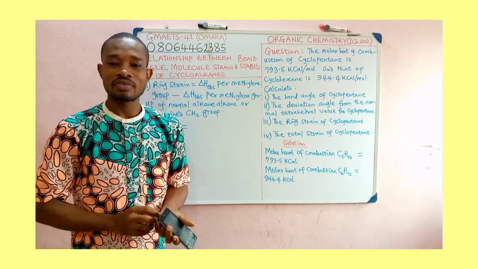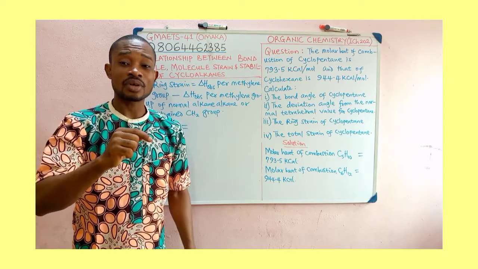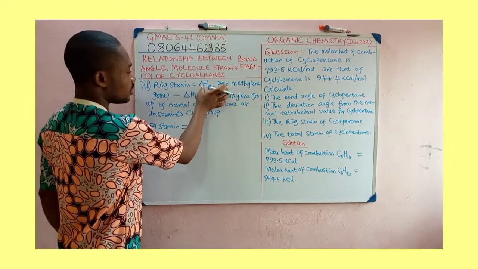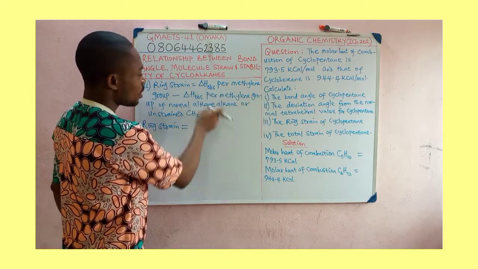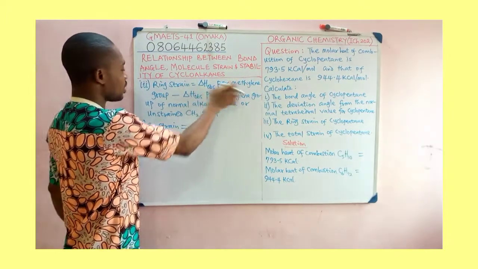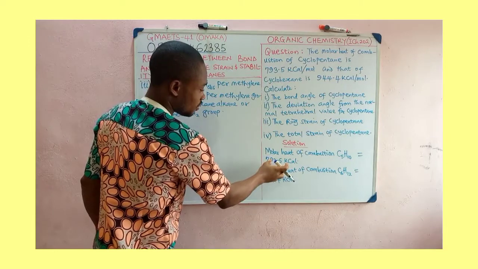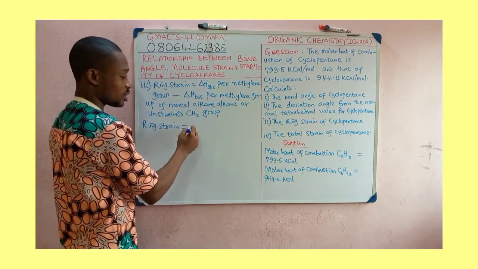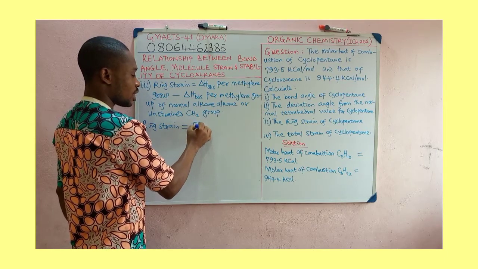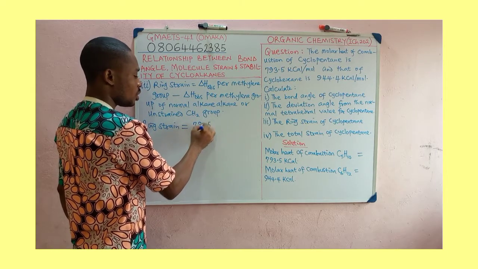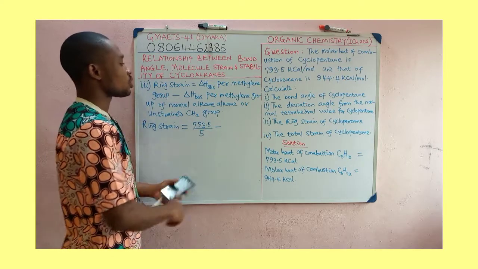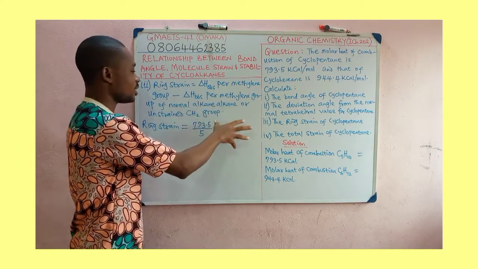It's equal to the molar heat of combustion divided by the number of carbon atoms in the given cycloalkane. So for cyclopentane, it's the molar heat of combustion of cyclopentane, 793.5, divided by 5, then minus the observed heat of combustion per methylene group of a normal alkane.